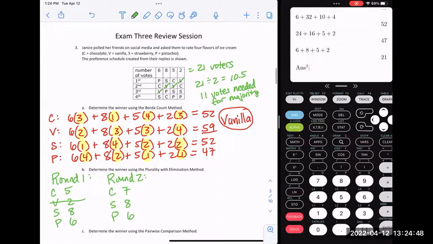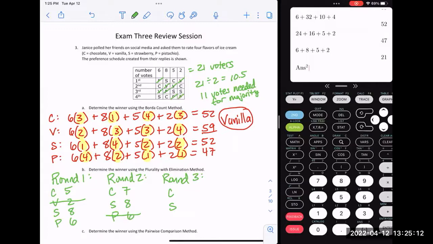which means I'm going to have to go to round 3. So for round 3, I'm going to eliminate whoever has the fewest number of votes. That's pistachio in this case. So now it is just down to chocolate versus strawberry. So when I look at this for chocolate versus strawberry, one way you can do it is you could cross out all the P's and just look at what's left.